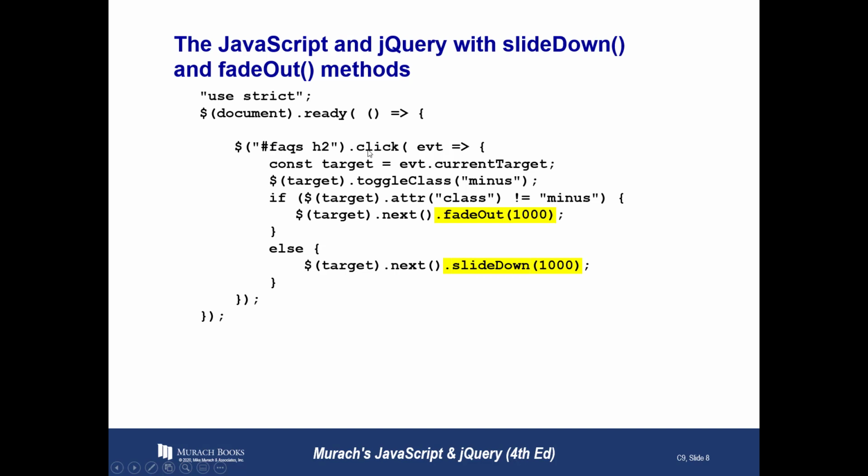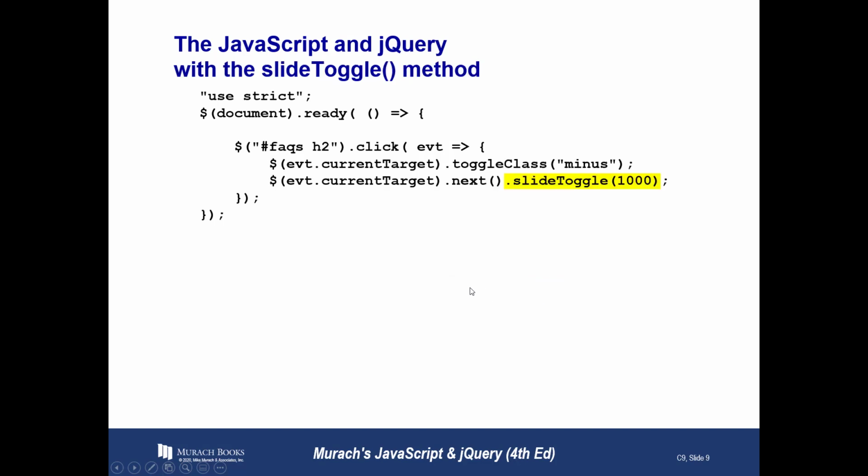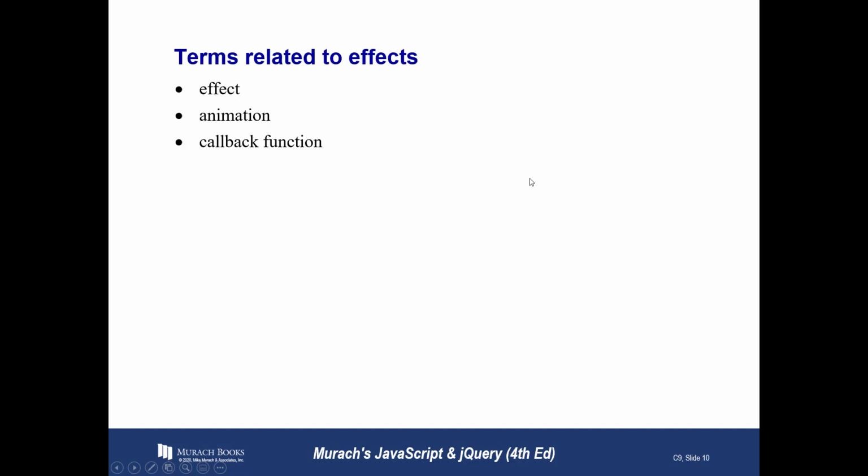So again, when you click on any of your H2s, if it's not equal to a minus, you want to fade out over a second. Otherwise, you want it to slide down over a second. You could also toggle it to turn it on and off. And that is a key component when you are working with a lot of this stuff, to be able to actually toggle.